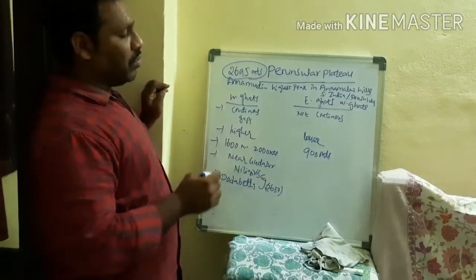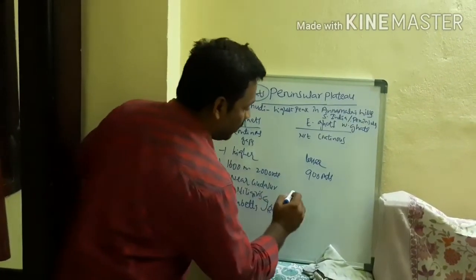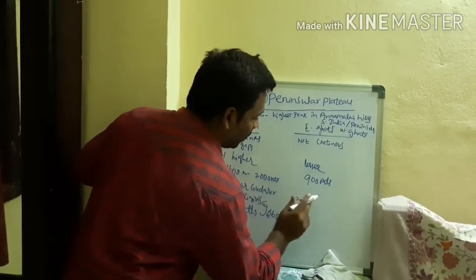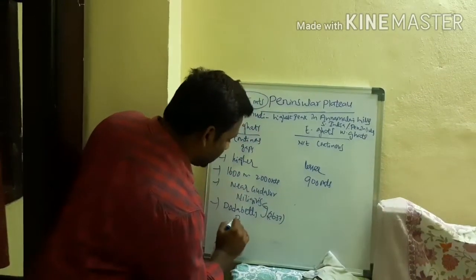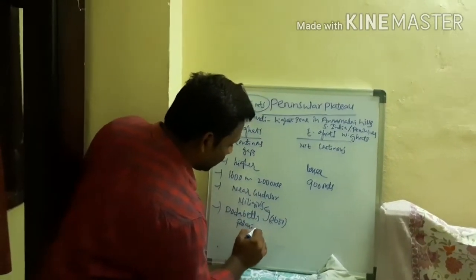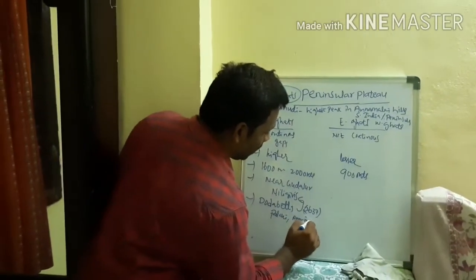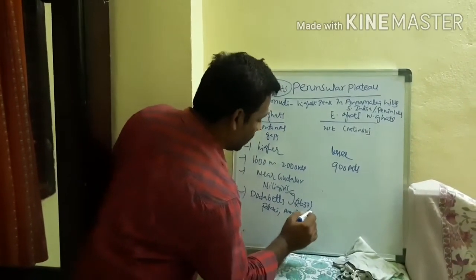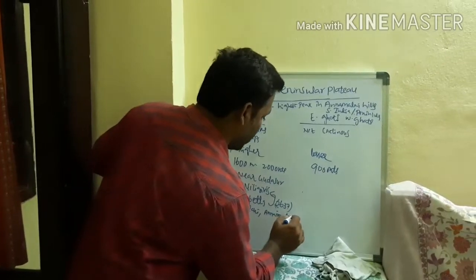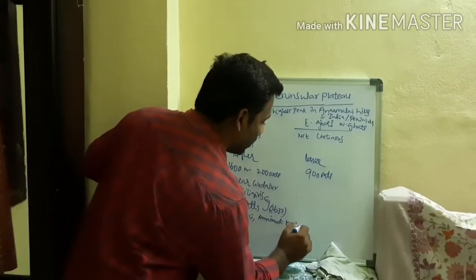Here we have a few hills, for example Palani Hills, Annaimudi, and Cardamom Hills.